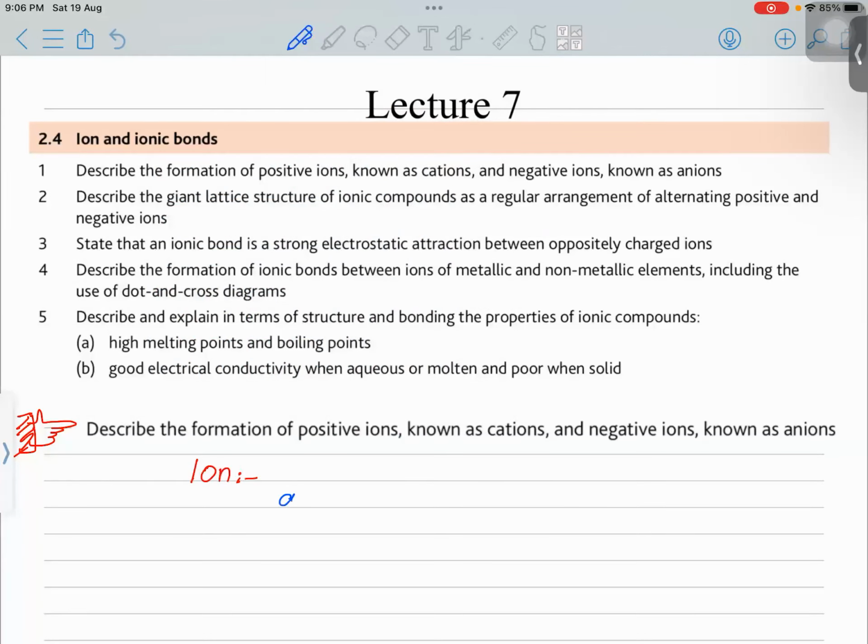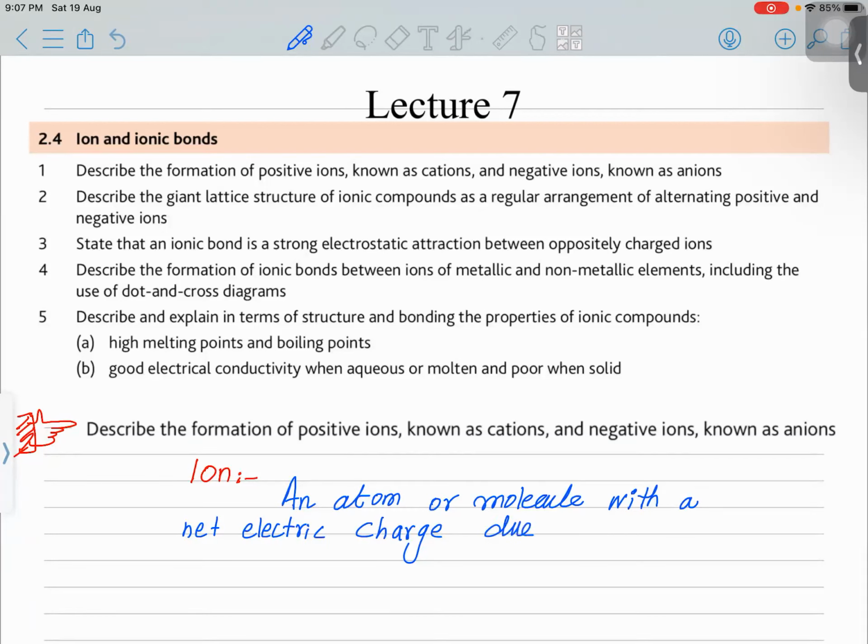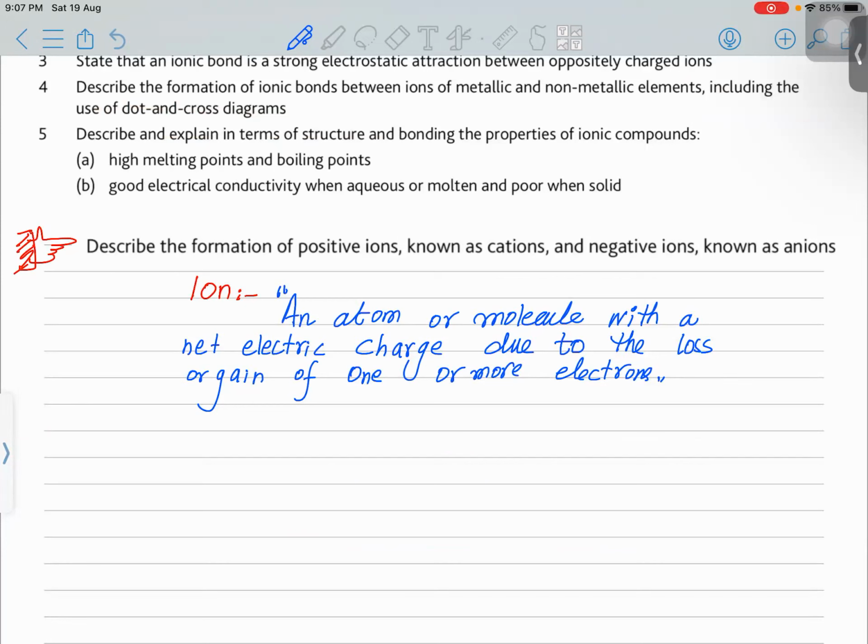An atom or molecule with a net electric charge due to the loss or gain of one or more electrons. This is ion.